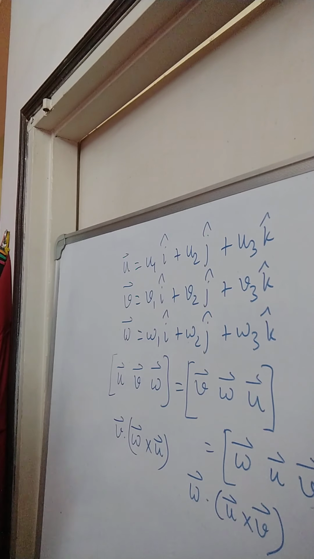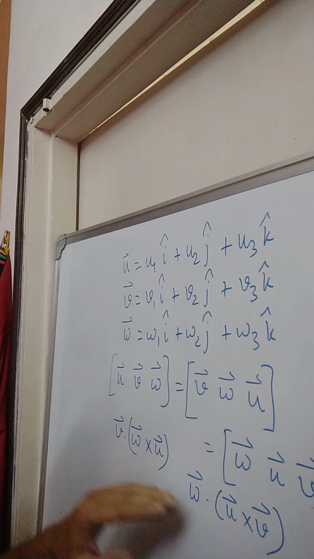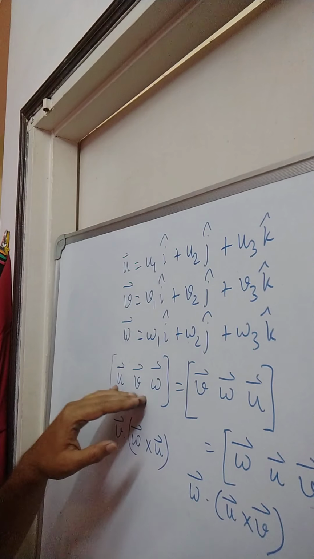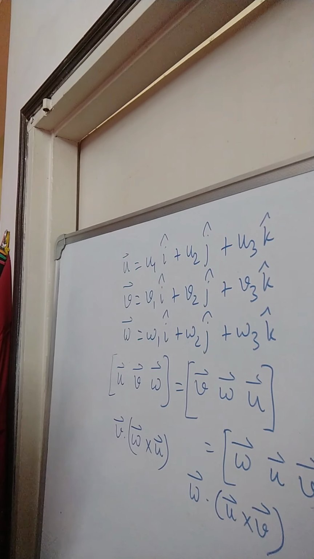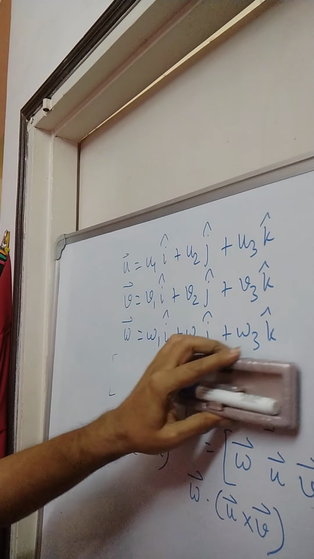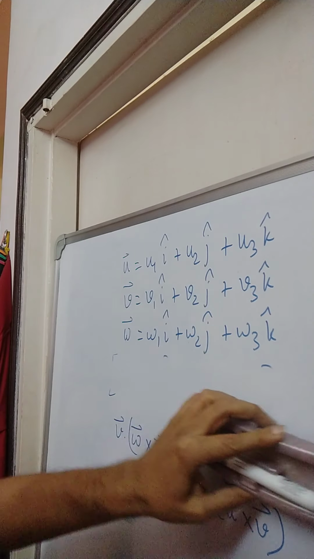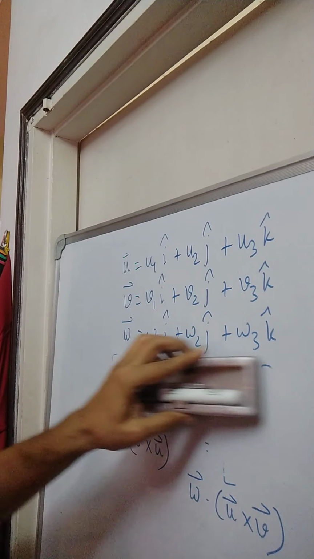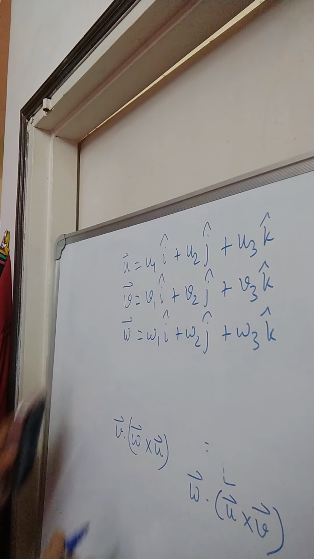You can easily check that this, this and this will turn out to be the same value. You can try this on your own, or I may write at least a part of it for you.